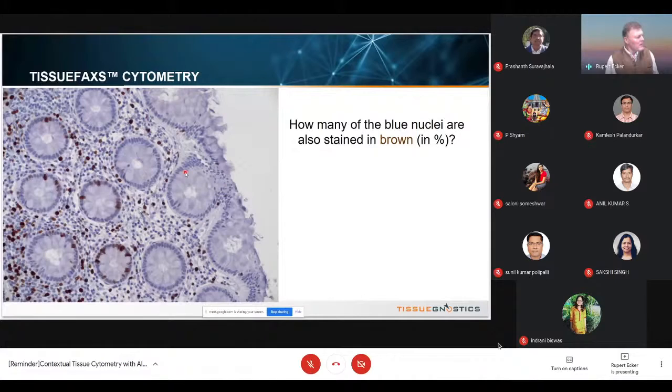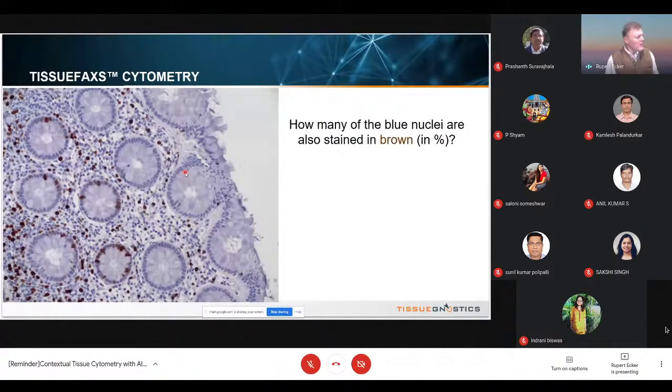In brown, we have a well-known marker called Ki67, a proliferation marker. It tells us how many cells are currently proliferating in this tissue. This is, for example, important in tumor diagnostics, in oncology, and this is used as the so-called proliferative index.